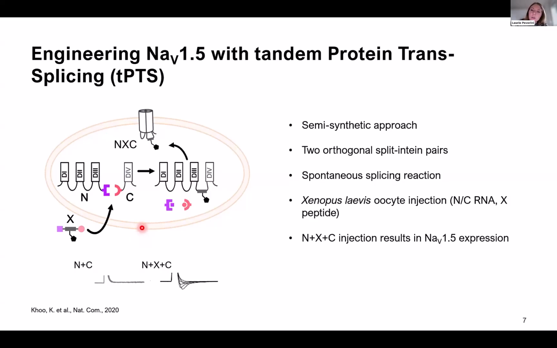The really crucial point of this technology is that the peptide X is synthetically accessible. So you can introduce any type of probes or modifications that you want in the intracellular domain of NaV1.5, and more broadly on any protein of interest.